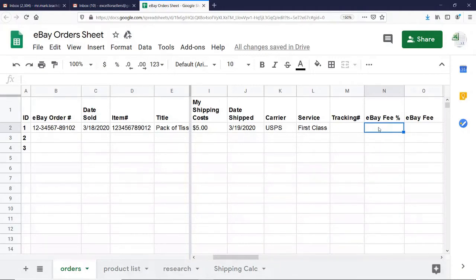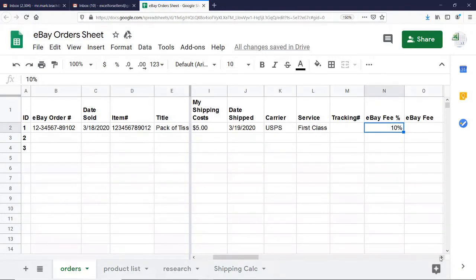They start with a 10% fee, and then they change to, for instance, a 9.15% fee when they upgrade to a store. So you might have like 20 orders or more with one fee percentage, and then you might have some other orders with a different one, so it can change. So what I'm going to do is put 10% to start. I have it already set with a percentage format, so it's coming out as 10%.